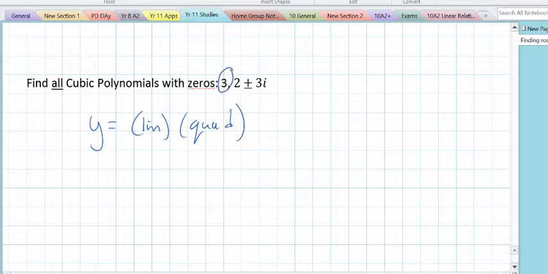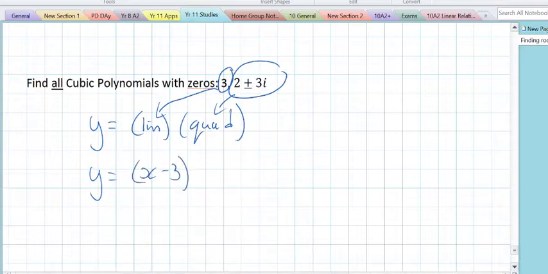That term there will be for the linear, and those two will be for the quadratic. So we can say that our linear straight away is x take 3, and we want all cubic polynomials, so there's an a out the front. However, now we need to find what quadratic produces roots of 2 plus or minus 3i.